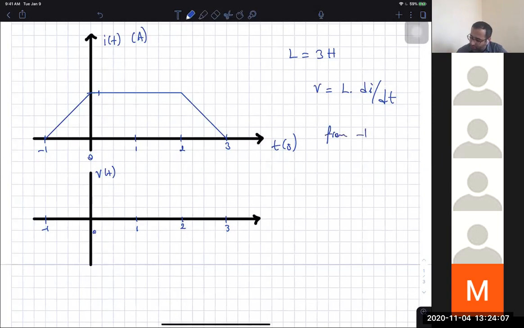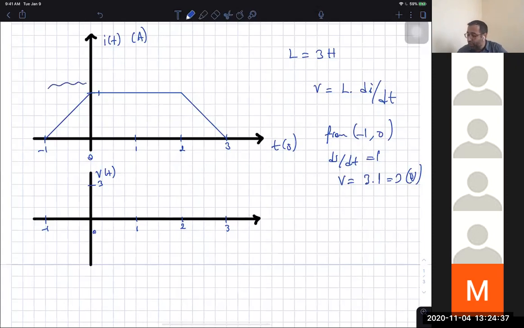Okay, so you're saying from -1 to 0, di over dt is 1. So in this region, the voltage is 3 times 1, that is 3 volts, right? Yes. So you're saying the voltage will be constant here. Yes, I think. Okay, so let's say this is 3 volts. What Emirhan is saying is, if I take the derivative of this current graph in this region from -1 to 0, it has a constant slope.